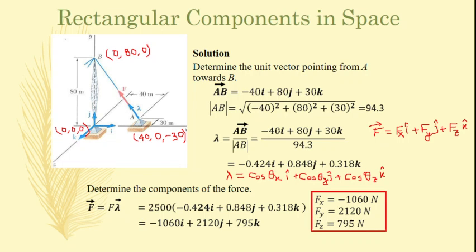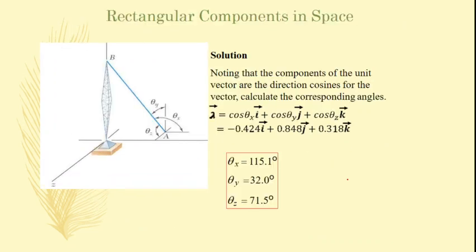Actually the value of theta x is equal to cos inverse of minus 0.424. Theta y is equal to cos inverse 0.848, and theta z is equal to cos inverse 0.318. Okay, what we did here is we wrote this thing here.